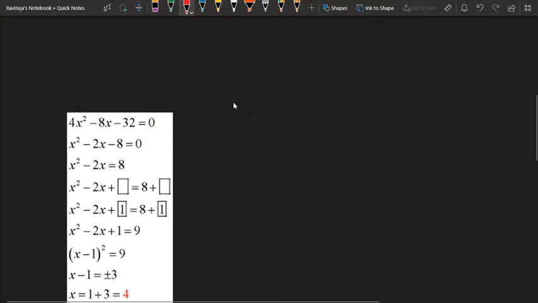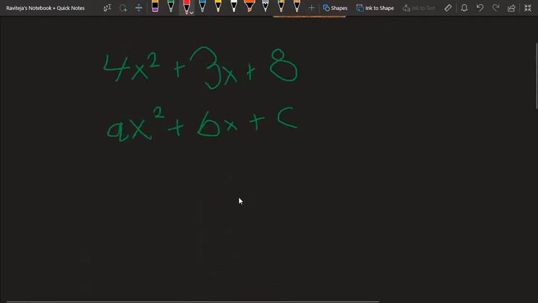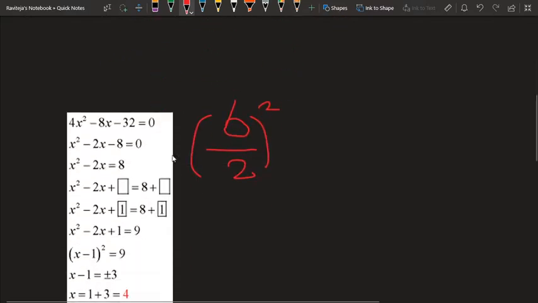And that equation is b over 2 squared. And remember, like I said, the b is the coefficient or number in front of the x. So in this, it would be negative 2. So let's substitute in negative 2 for b.